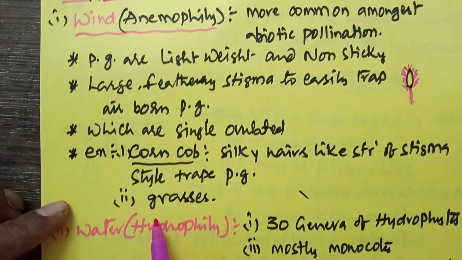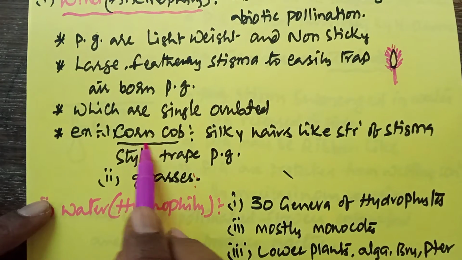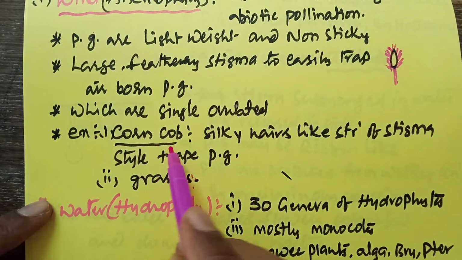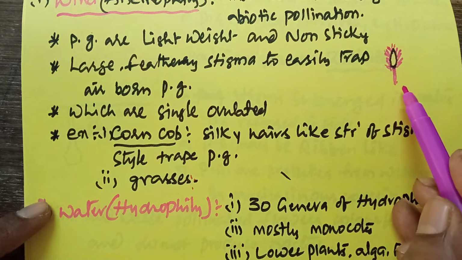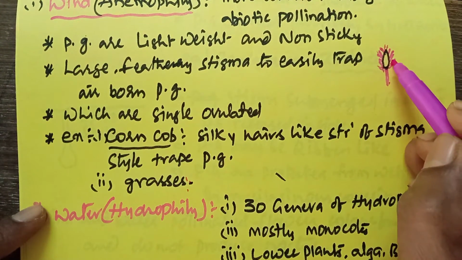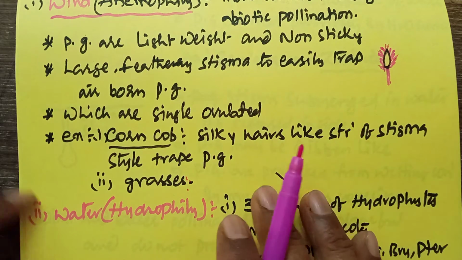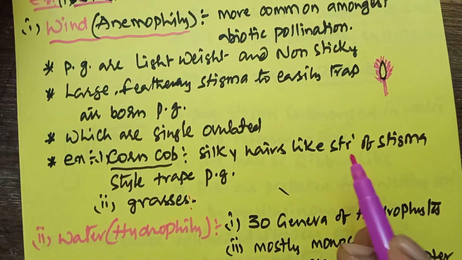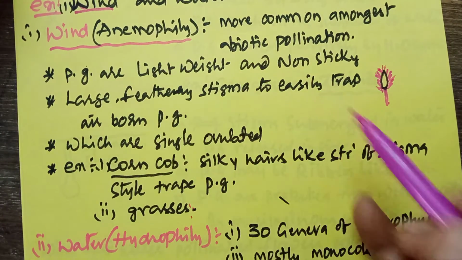Most grasses are monocotyledons. The best example is the corn cob. The corn cob contains long silky hair-like structures of stigma and style. They trap pollen grains from the wind. So this is about wind pollination, technically also called Anemophily.